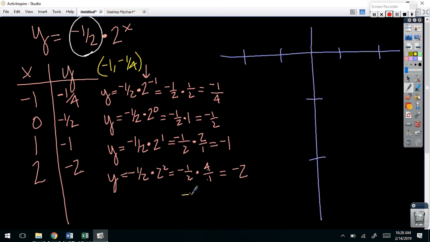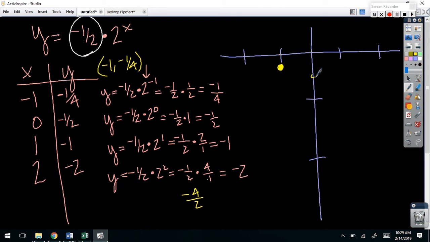You do top times top, bottom times bottom, and that simplifies to 2. All right, -1, -1/4, so I'm going to go over 1, and I'm just going to go down a little. 1/4 of the way down. If you divided this into 4s, that's how far down you go.